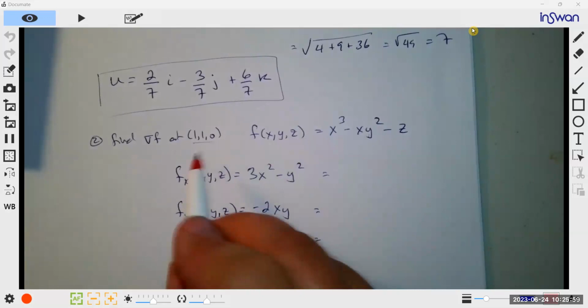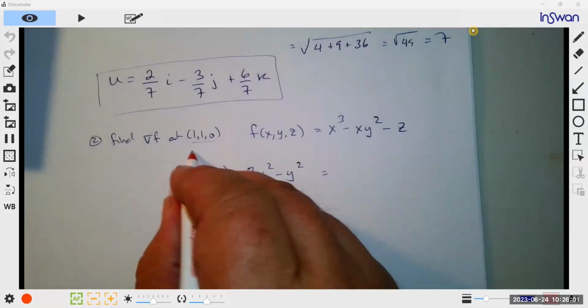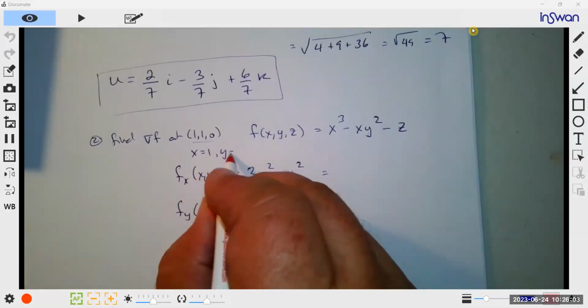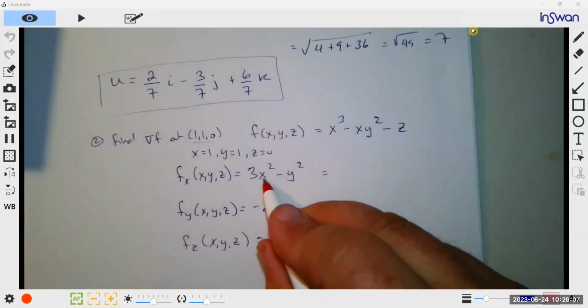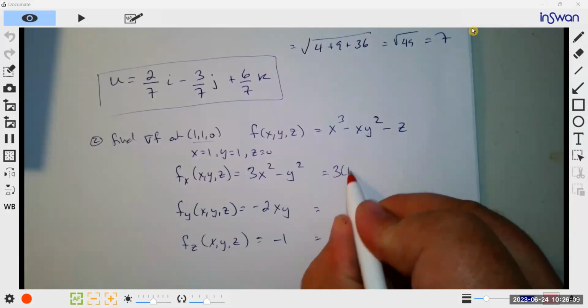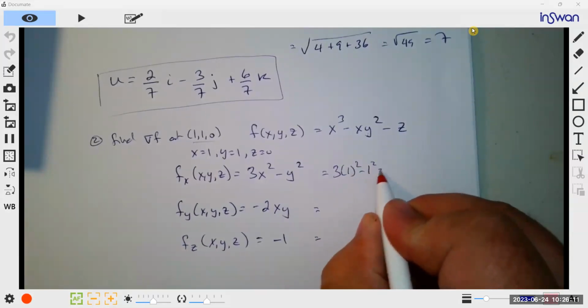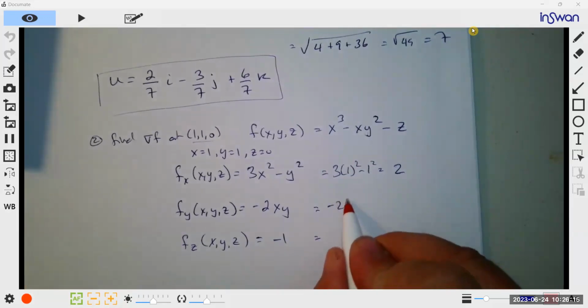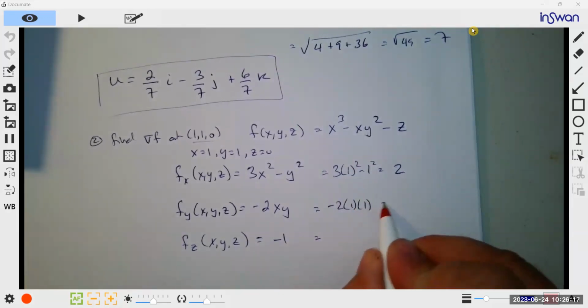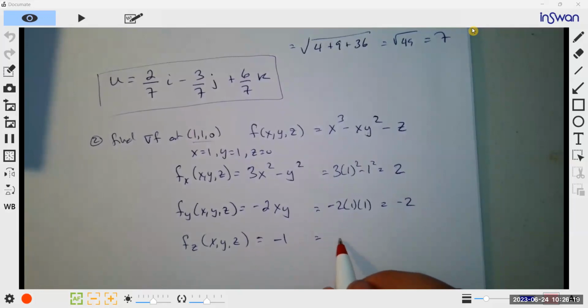At 1, 1, 0, so x is 1, y is 1, z is 0. So 3 times 1 squared minus 1 squared is 2. -2 times 1 times 1 is -2.